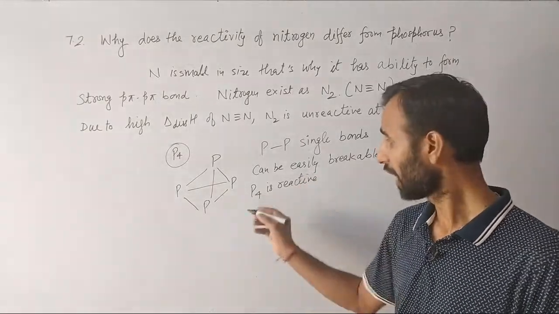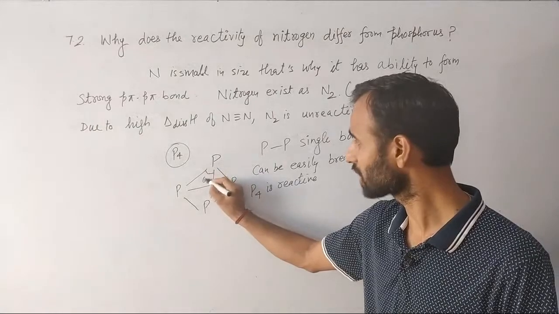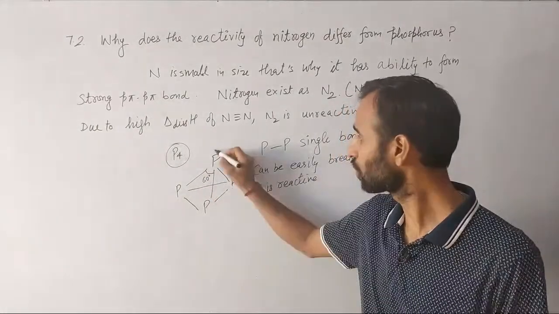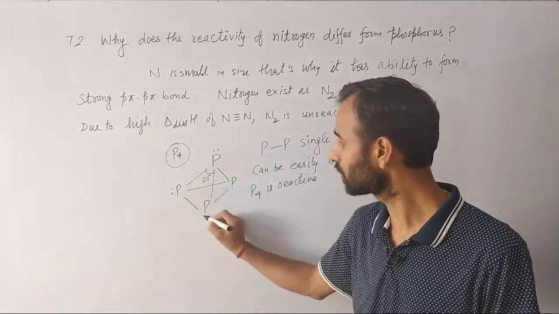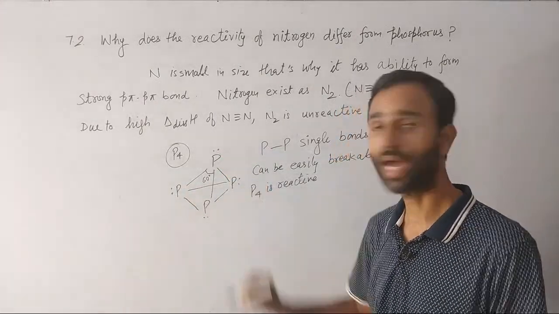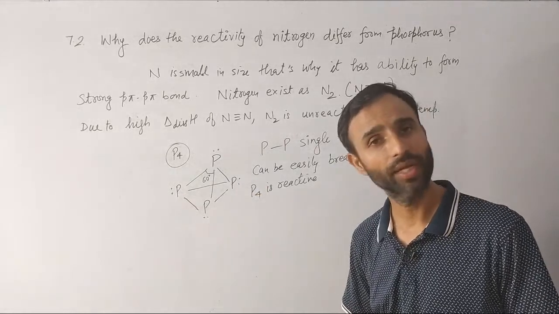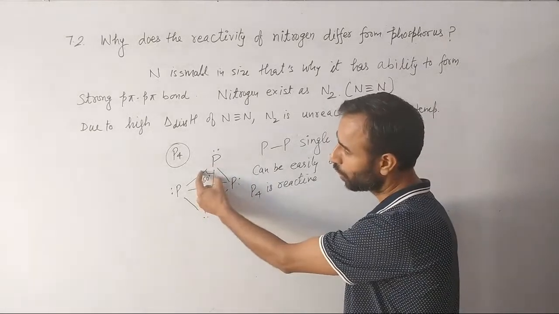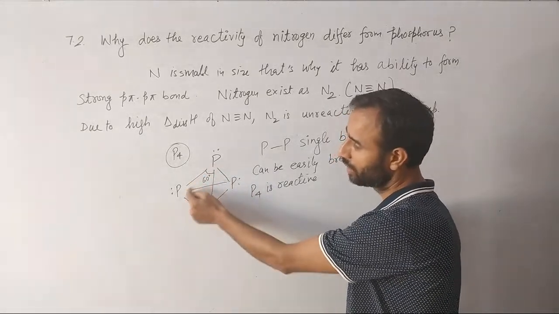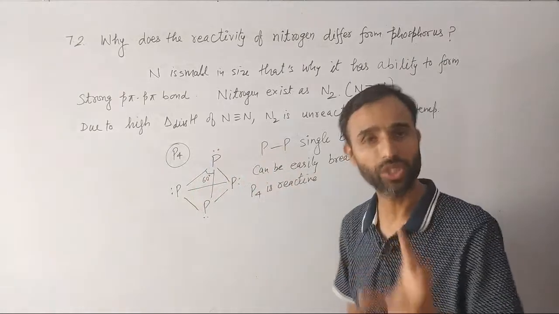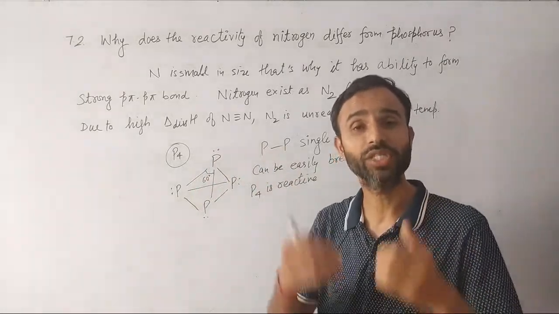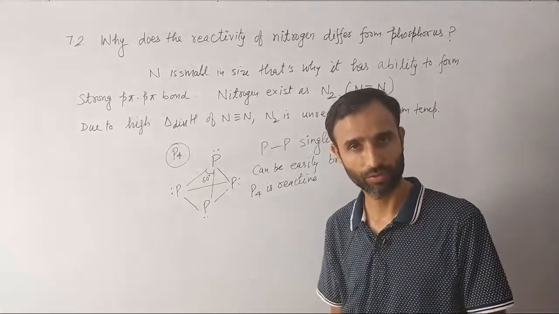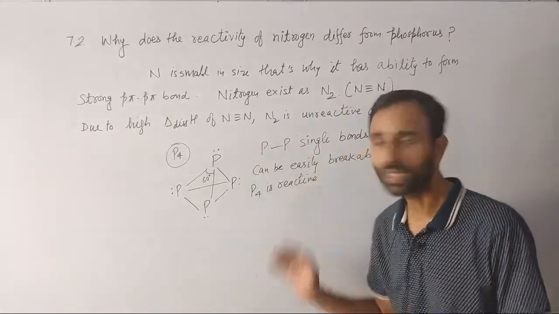Okay, and at the same time it has angle strain. Phosphorus is sp3 hybridized, so it should have an angle of 109 degree 28 minutes, but due to this structure the bond angle is 60 degree. That means it is a highly strained ring, so it tries to open up. Okay, and that's why P4 is highly reactive.